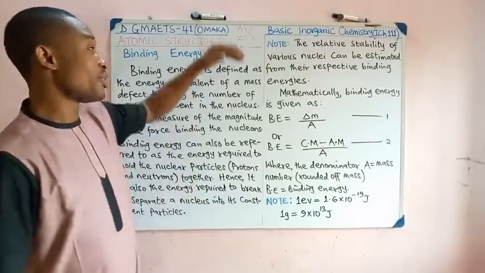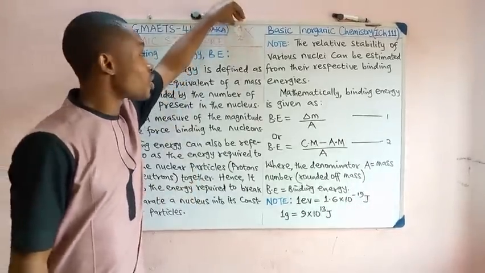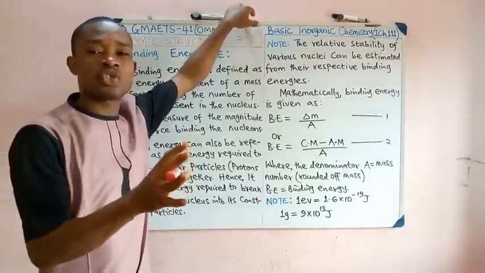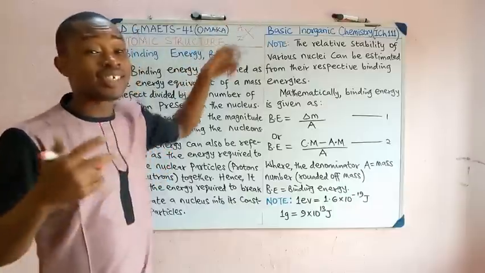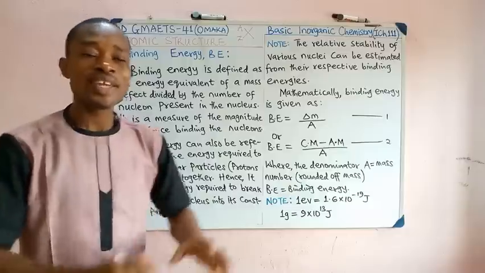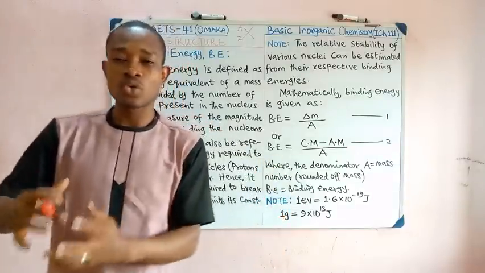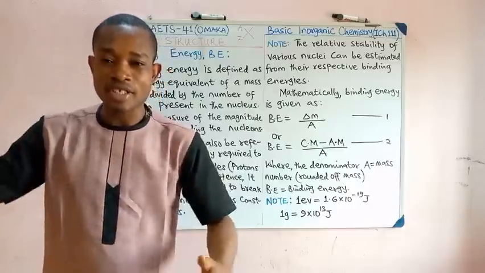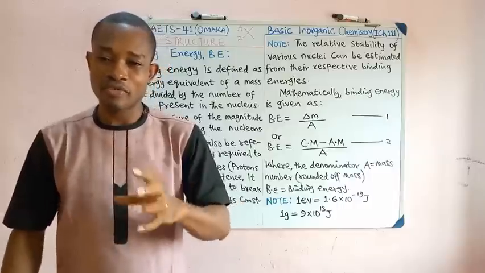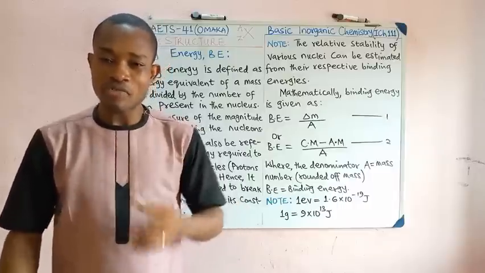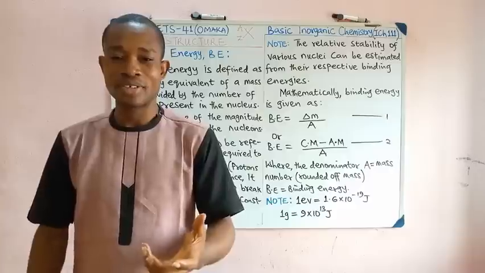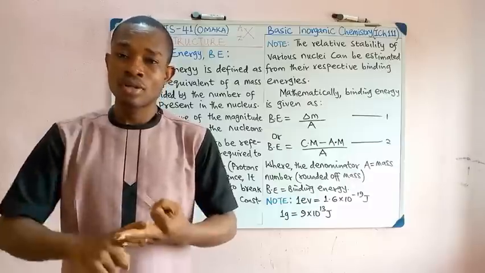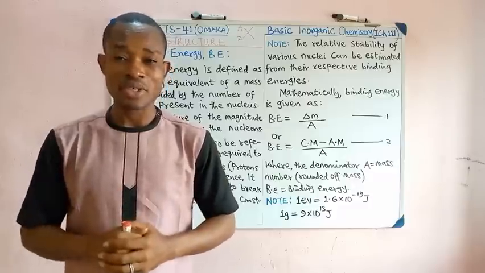So the number you usually see written on top of an atom here is called the rounded off mass. If you use the word mass number straight, you are actually referring to the rounded off mass. So the energy equal to the mass defect of an atom divided by its rounded off mass, its mass number, its nucleon number, is what we call binding energy. Mass number, rounded off mass, nucleon number, they mean the same thing.